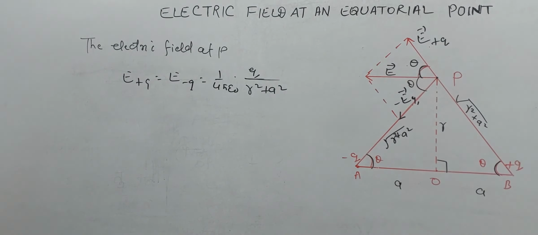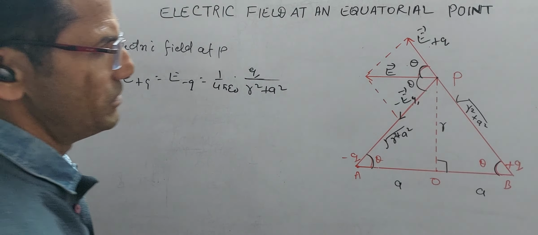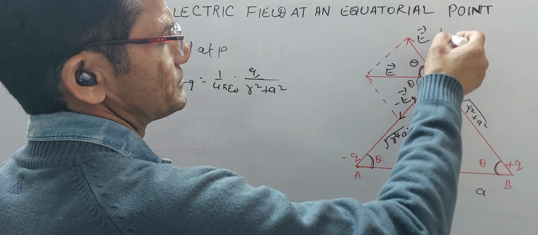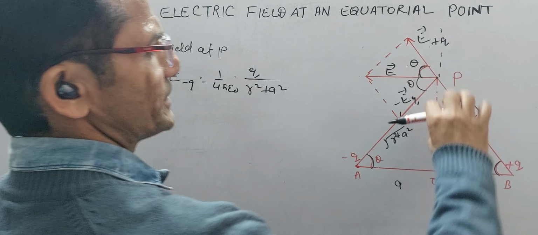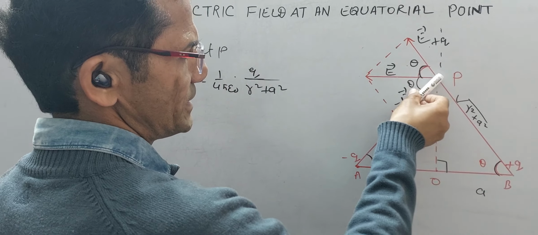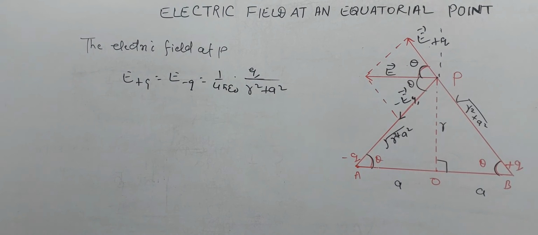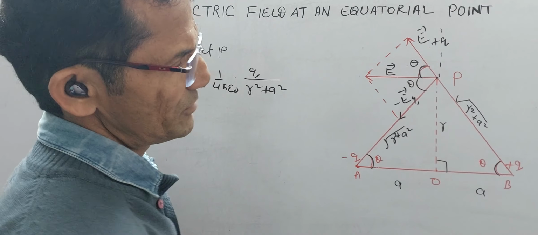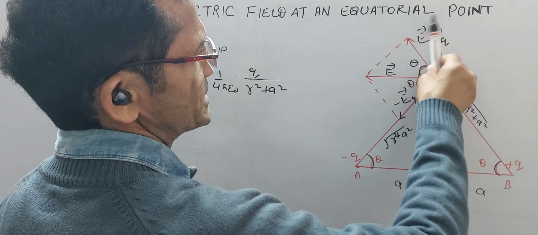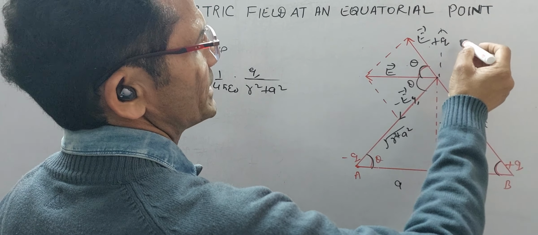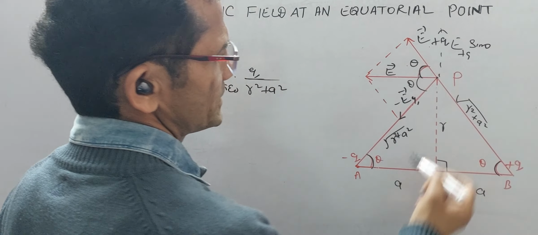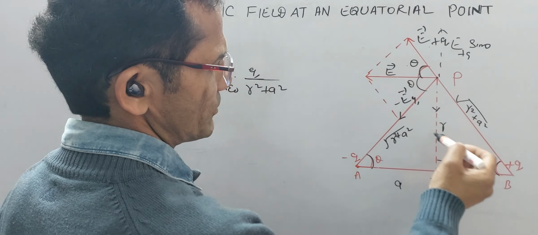Now this E plus Q has two components. One is along this one, another will be along this one. Same way E minus Q has two components. One is along this one, another is along this one. The vertical component will be cancelled out. Now this is E plus Q, its component along this one will be E sin theta. The E sin theta component will be cancelled out by the E sin theta component of this one.